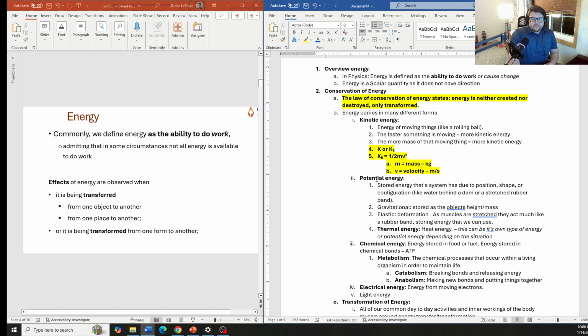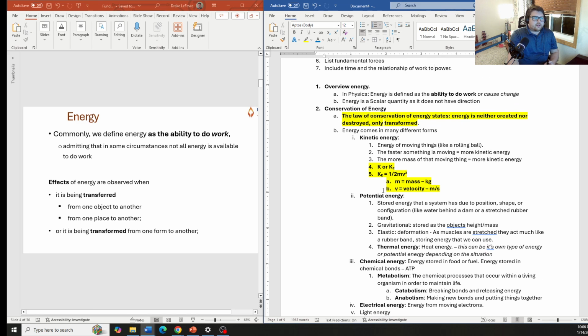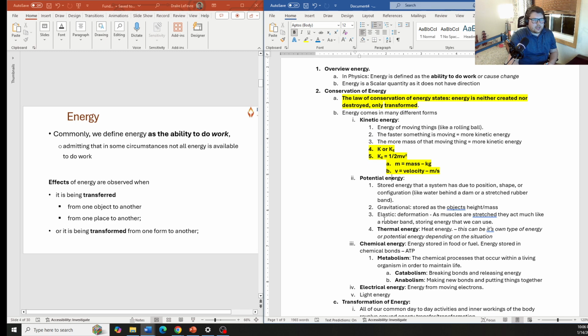There are a couple of different forms of energy that we want to be aware of. For testing purposes, the big thing to do is understand each of these types of energy, as well as their definitions. We essentially sort everything into kinetic energy and potential energy.